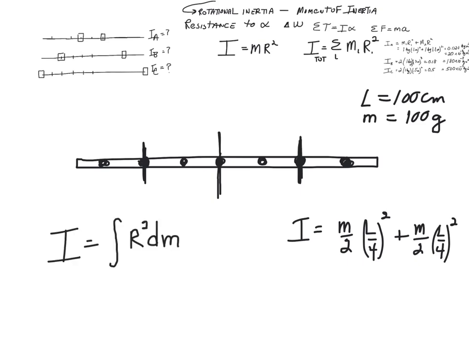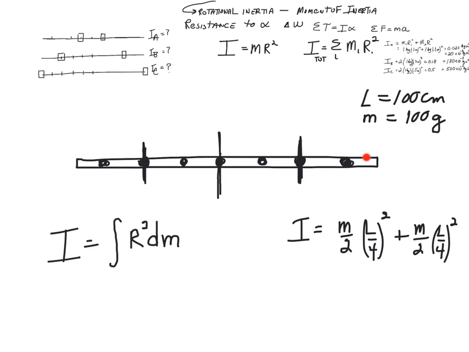In this case, we get I by integrating all the infinite number of pieces, right? So we cut this into a little dx, and that little dx has a certain amount of mass we call dm. And so for every little dm, we measure its distance from the center, and we integrate all of them.